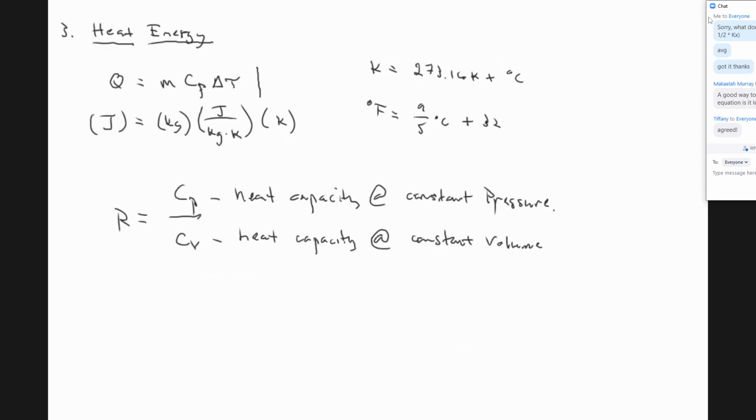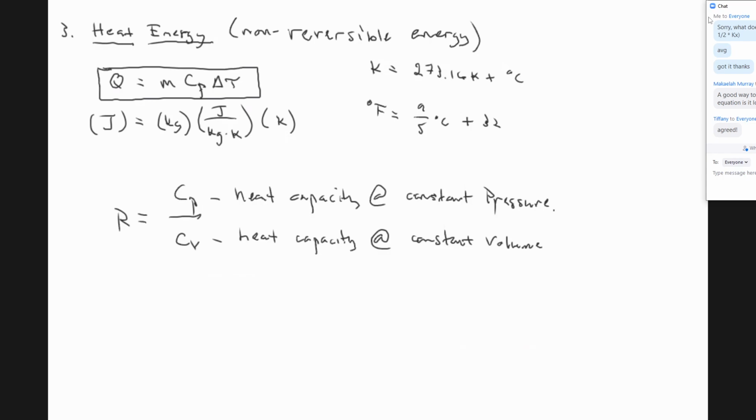But right now, all you guys need to remember is that heat energy is non-reversible energy. Oh my God, I need to stop writing so small. Once I break a chemical bond, I can't get the energy stored in that chemical bond back, right?